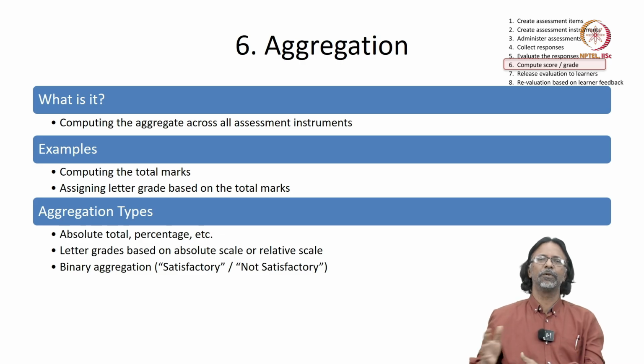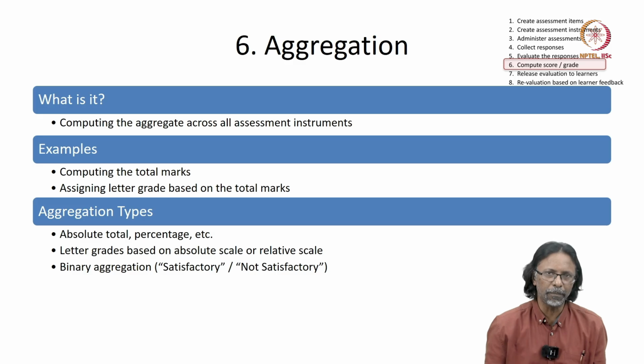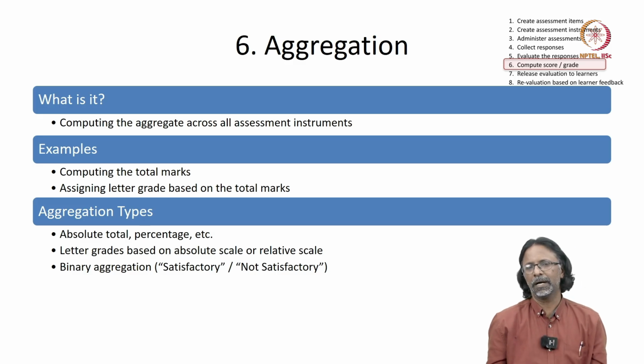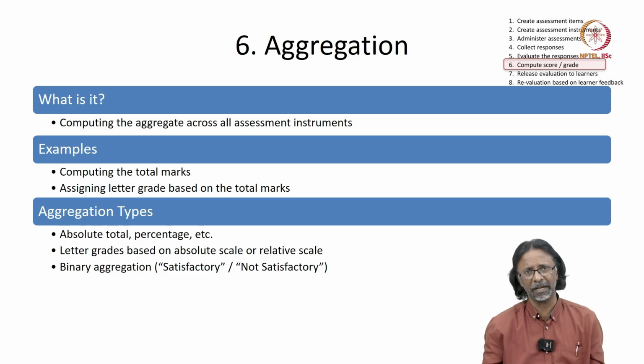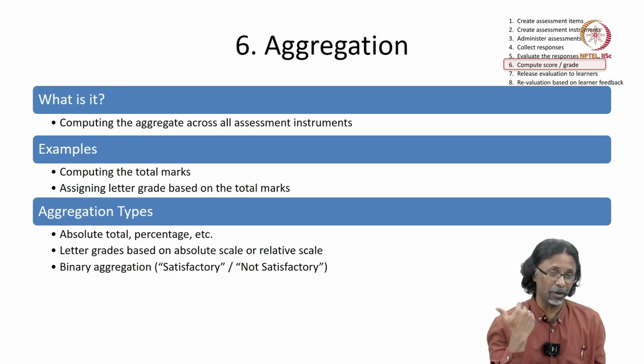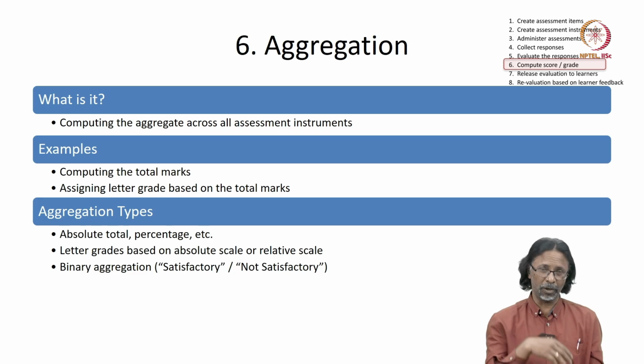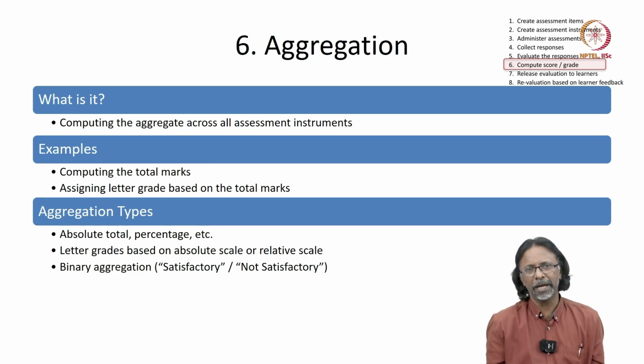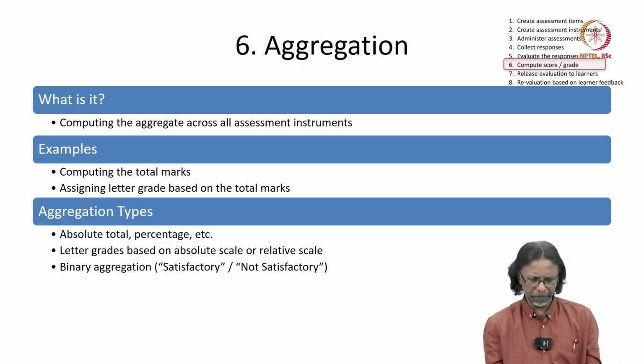If you want them to do some more work, maybe they were not able to complete the 4 months necessary, maybe they were ill, then you call it either not satisfactory, or incomplete. The nomenclature can vary, but typically it can be a binary form of the final aggregation as well.